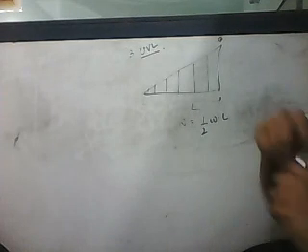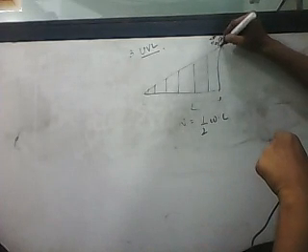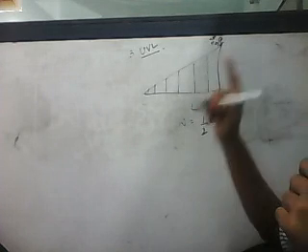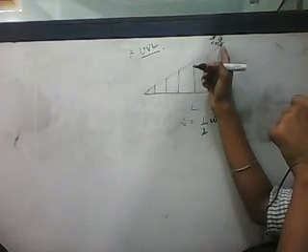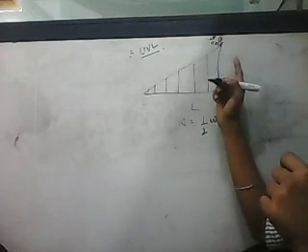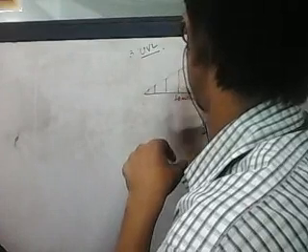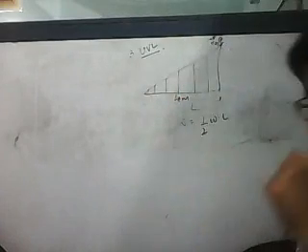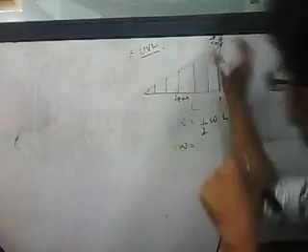Just suppose this one is 200 Newton upon meter. It is the peak value, the topmost value of the uniformly varying load. And the length is 4 meter. So right now capital W is the overall loading.